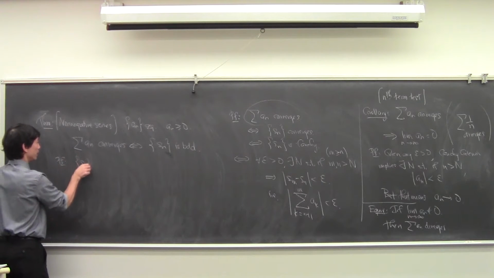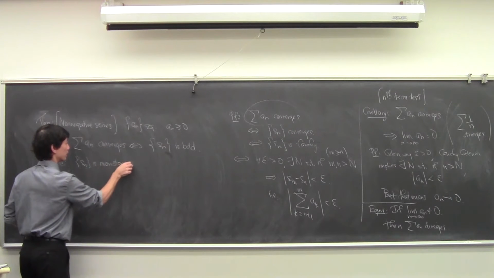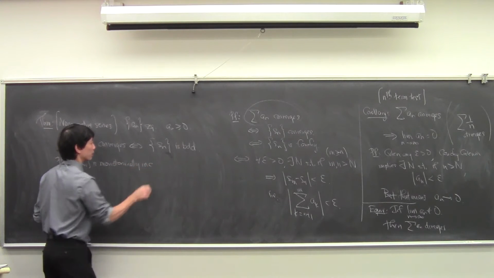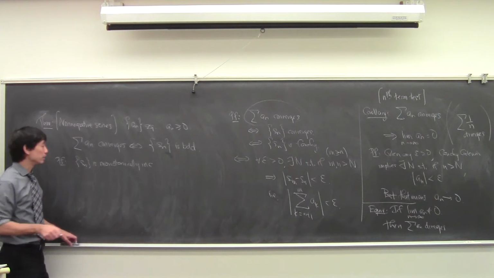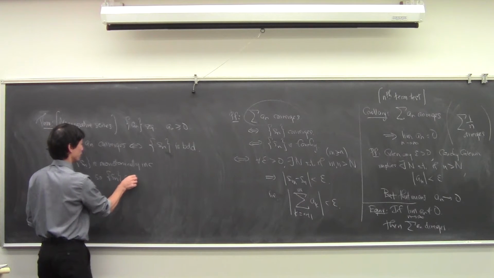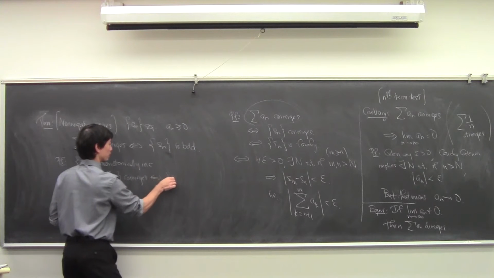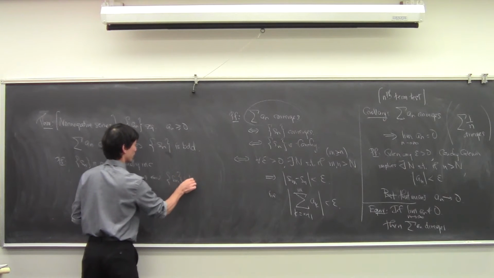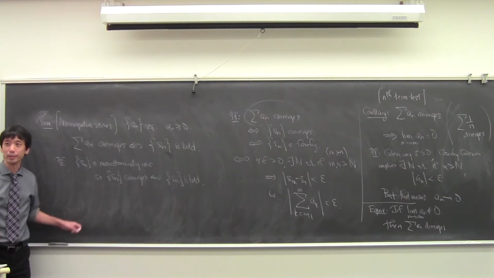S sub n is monotonic. It's monotonically increasing, right? So, S sub n converges if and only if it's bounded. And that's the end.